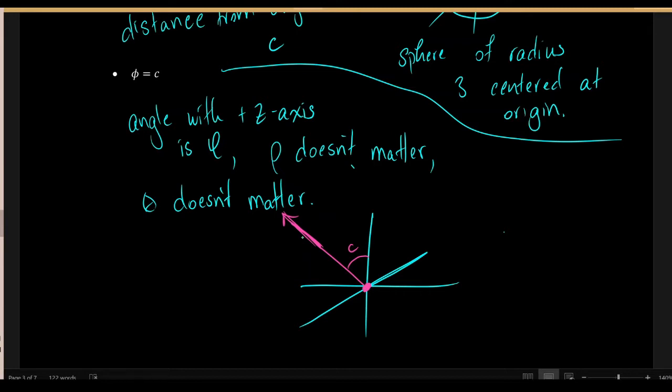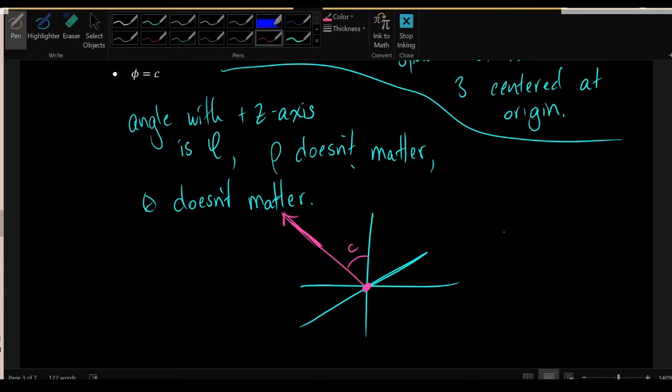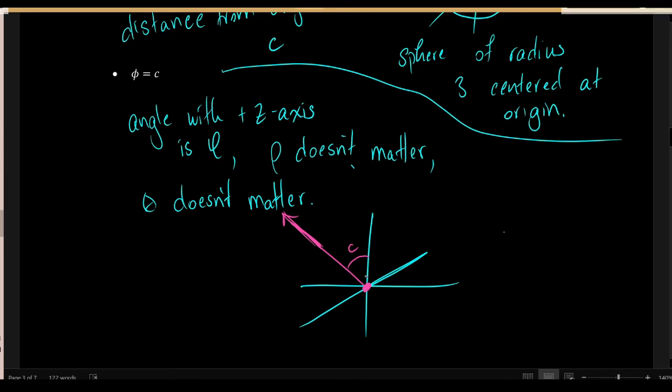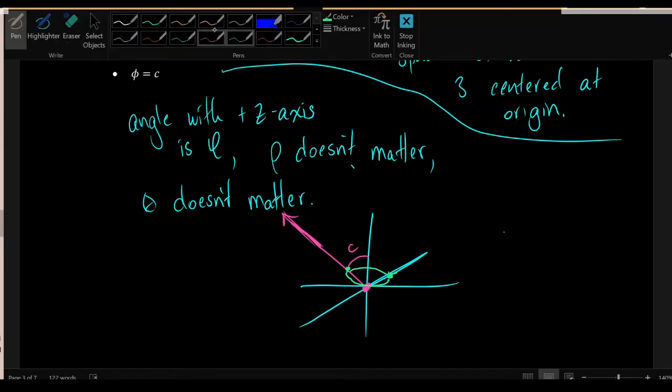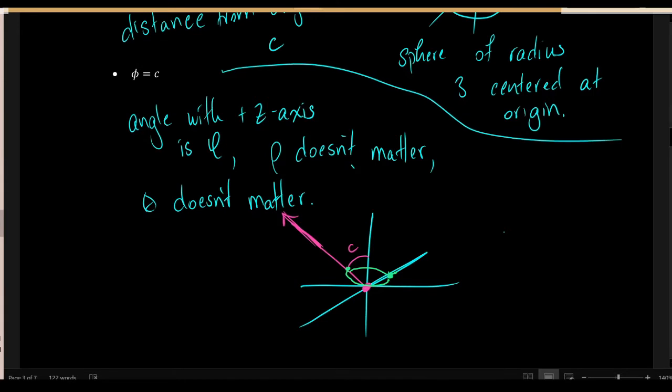But not only that, because the angle of theta doesn't matter, I can spin this ray around in any horizontal direction I like, and I can point it along any longitude that I like. So I could travel along that ray in the negative y direction, but I could just as well travel along that ray in the positive y direction, or positive x, or negative x, or any horizontal direction I choose.